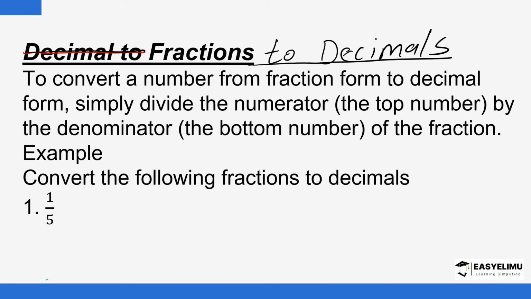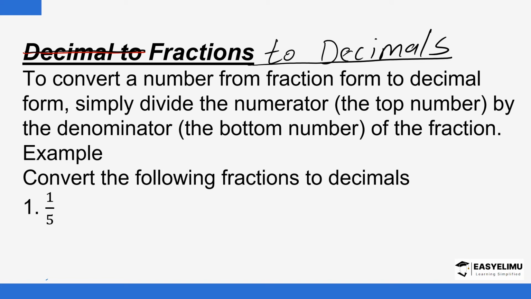Simply divide the numerator. The numerator, if you do not know what a numerator is, we've discussed that in our previous videos on fractions. That's why we're discussing numerators, denominators. At least the numerator simply means the top part of the fraction. So to convert a number from fraction form to decimal form, simply divide the numerator, that is the top part of the number, by the denominator, which is the bottom part of the fraction.